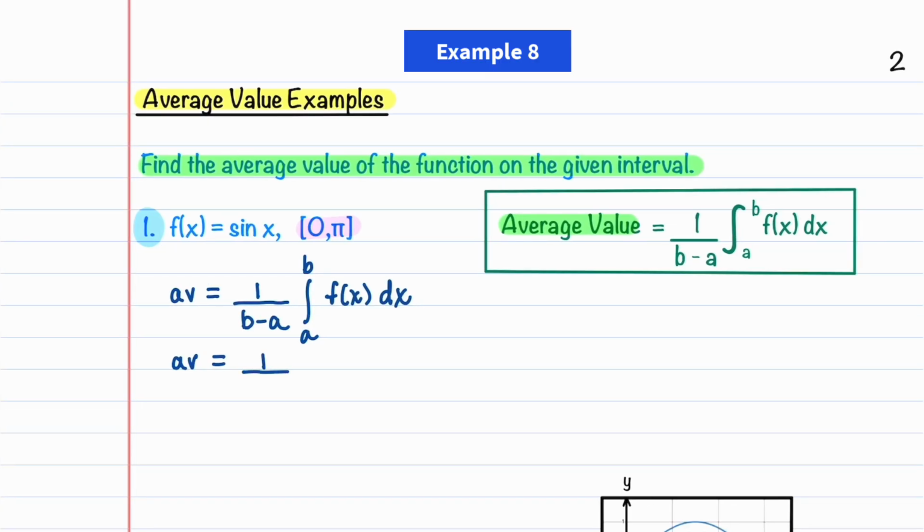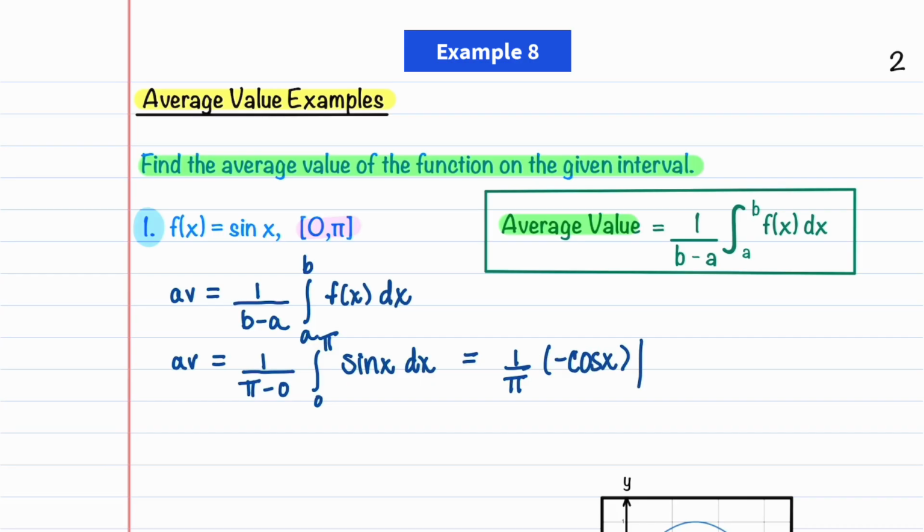Let's go ahead and put in what b and a are. b is pi and a is 0. So we have the integral from 0 to pi, and we substitute in that f of x is sine x. And then we can just go ahead and integrate this. This is 1 over pi. The integral of sine x is minus cosine x.